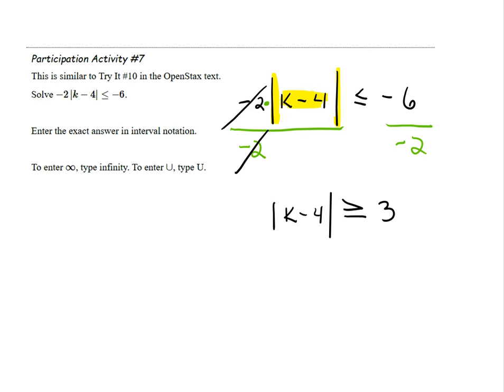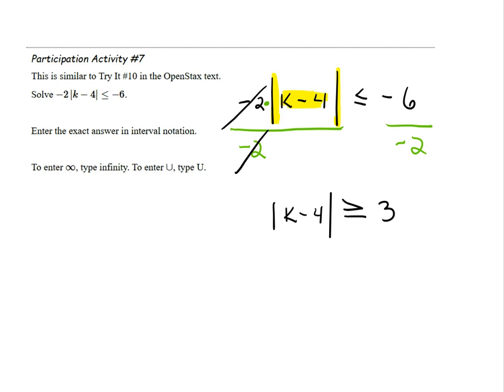At this point, you have to realize that there's going to be 2 possible values for k, that when you plug it in there, subtract it from 4 and take the absolute value, it could give you a 3 or it could give you a -3. So when you do this part, you have to split it into 2 equations.